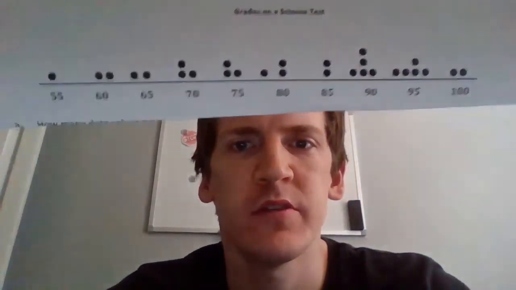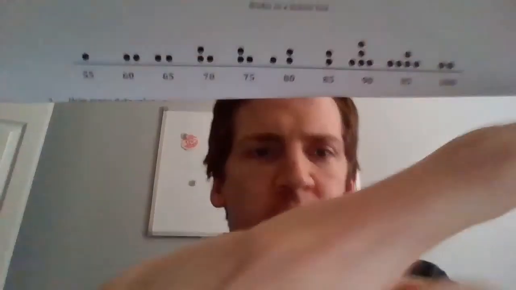There's one F, and it looks like 3 that are under a 70. All the rest appear to be above. So it's not the worst test results ever, but again, the scores range from a 55 all the way to 100 here.